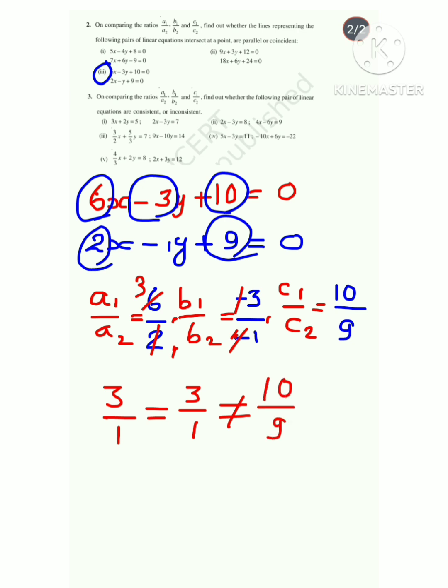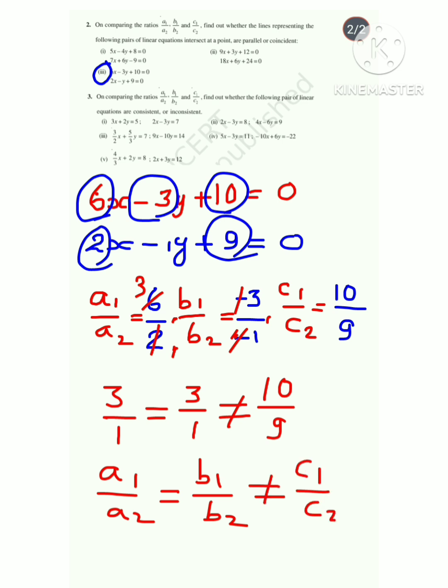Okay, these ratios represent A1 by A2 equal to B1 by B2 not equal to C1 by C2. And students, in these conditions, the lines will be parallel to each other. So simply we have to write, lines are parallel.